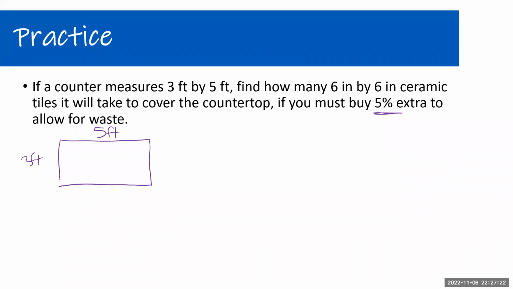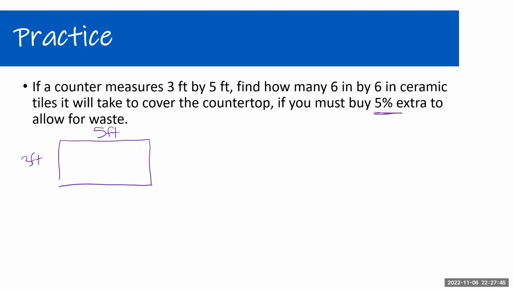So make your choice, okay? You can do 3 foot by 5 foot, and then each tile is 0.5 by 0.5 feet. Or you can say, well, this is going to be 36 inches by 60 inches, okay? Switching everything into inches and go that way. It's going to give you the exact same answer, okay?